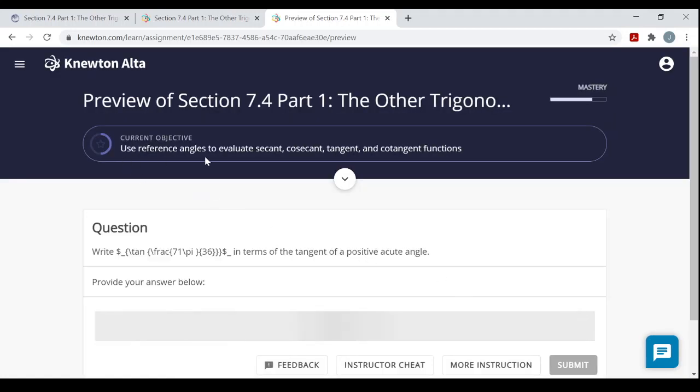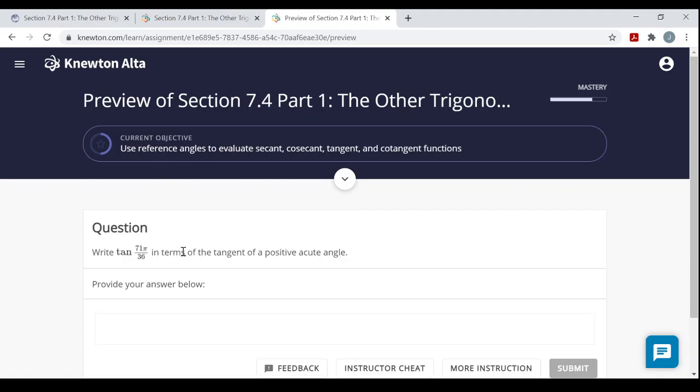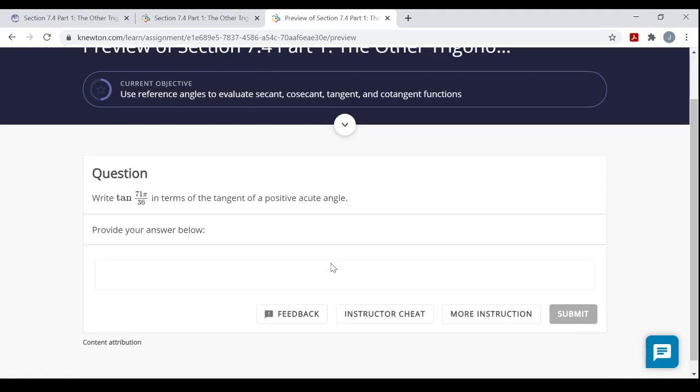All right, and then we have back to reference angles, right? So again, it's asking us to write the tangent of 71 pi over 36 in terms of the tangent of a positive acute angle. So rewriting it as the plus or the minus, and then times the tangent of the reference angle.